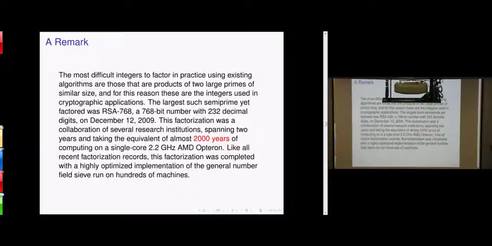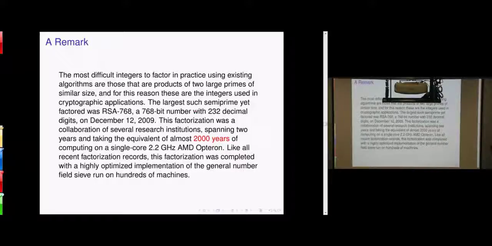So the largest such semi-prime, a semi-prime being a product of two primes, almost a prime but not quite, yet factored has 232 decimal digits.